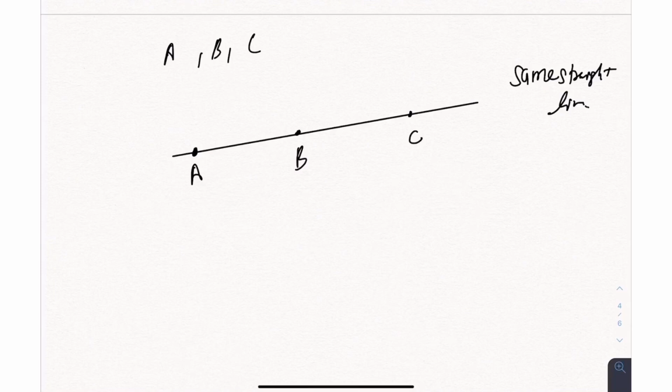I hope this part is clear to you guys. Obviously, they can change the position. Suppose instead of B, here we have written C, and instead of C we have written B. Anything is possible. The main thing is all the points should lie on the same straight line. Then the points are called collinear.